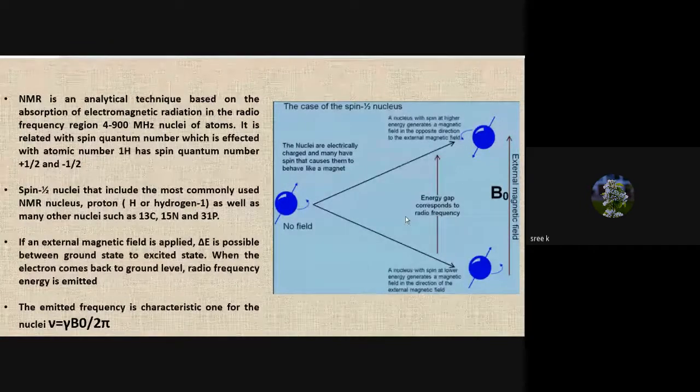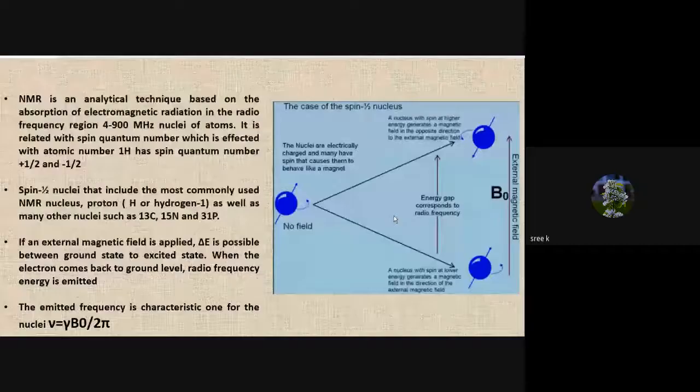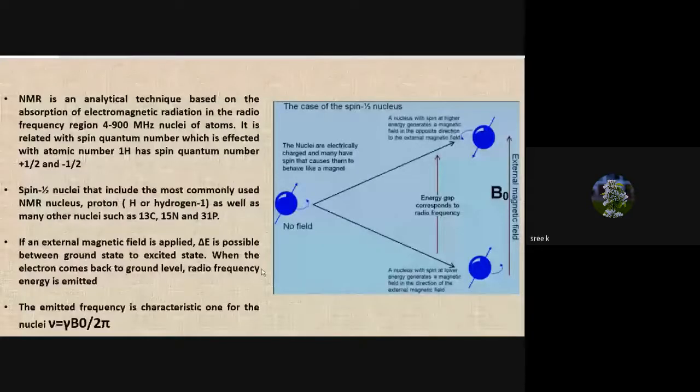This exercise continues, giving a vibration at a radio frequency, and this radio frequency can be resonated with an external frequency, the energy required to reach that higher energy level of the particular atom.